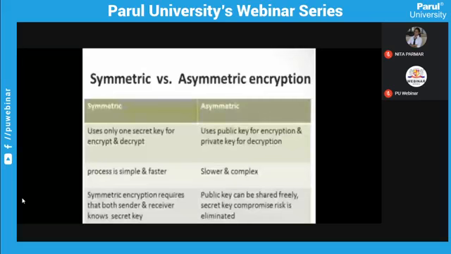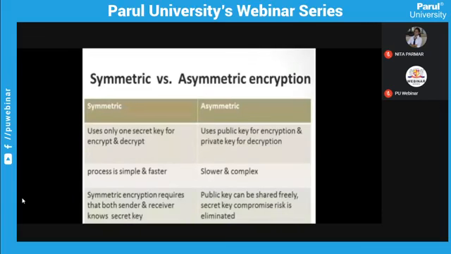The process of symmetric encryption is very simple, and hence it is also fast, but the process of asymmetric encryption is slow because it is very complex, but it provides much more security. So the use of asymmetric encryption is advised.